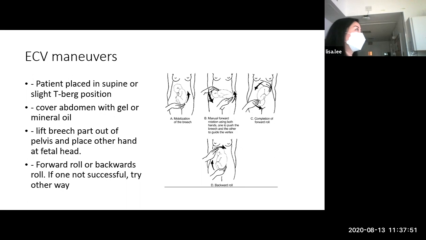And then I would try one direction, and if that's not working, try the other direction. But usually you try with the direction that the baby is facing so that the rotation is a little smoother, possibly. So try rolling the baby the direction that the baby is already facing and the shortest distance, maybe. Okay. And then you have one hand on the butt, and the other hand where? Maybe at the head or behind the head. Okay, behind the head, good.